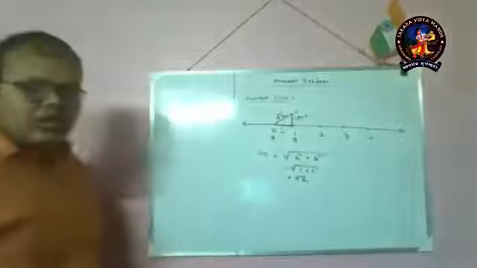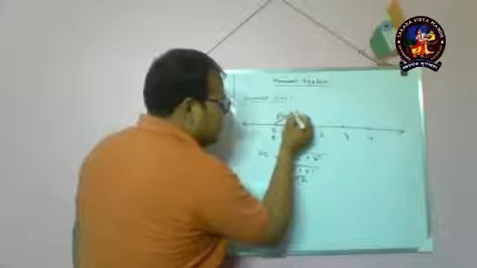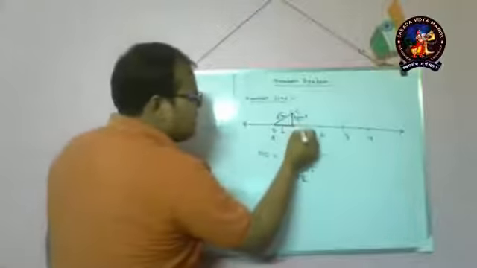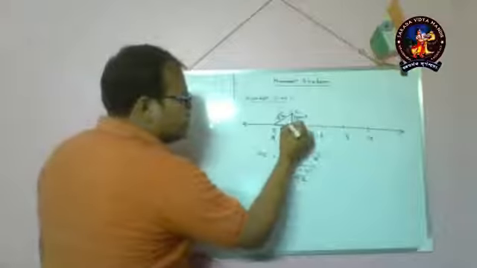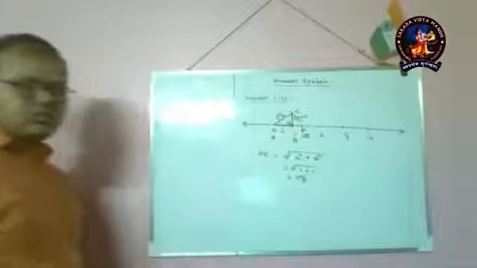That is called taking the projection. So we want to take the projection of the length on the number line. Let's call it P. So this distance OP is root 2 now. So the point P is root 2.